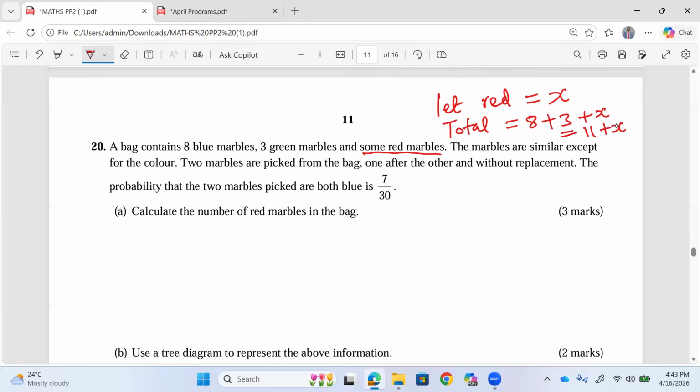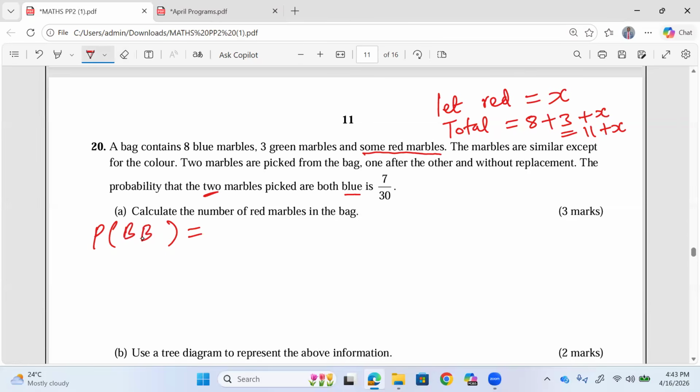Now, how do we get probability? Sorry, the given here is blue. So probability of both of them being blue. So probability blue followed by another blue.